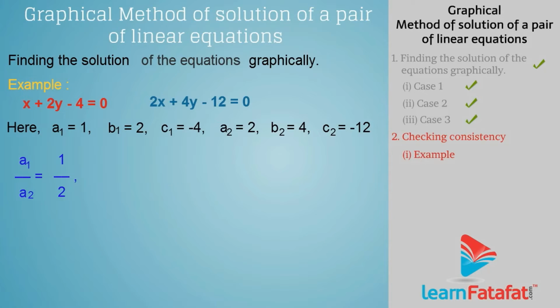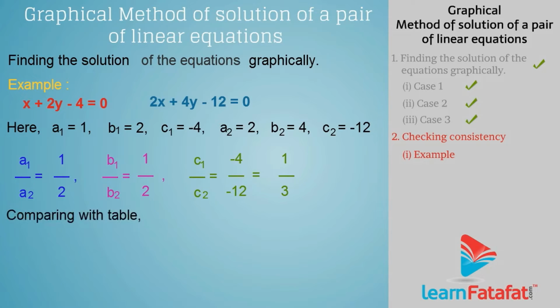Now, a1 divided by a2 is equal to 1 divided by 2. b1 divided by b2 is equal to 1 divided by 2. c1 divided by c2 is equal to minus 4 divided by minus 12, which is equal to 1 divided by 3.